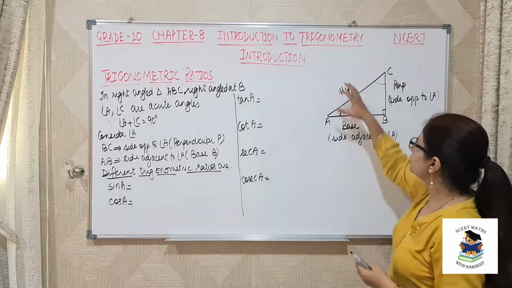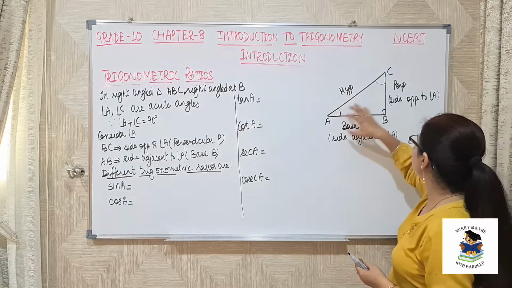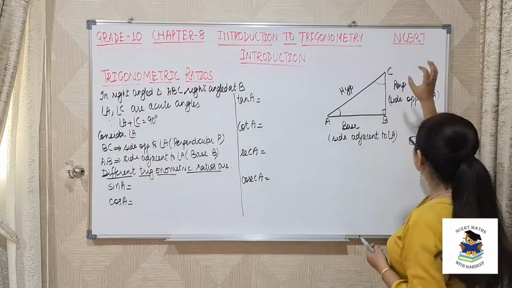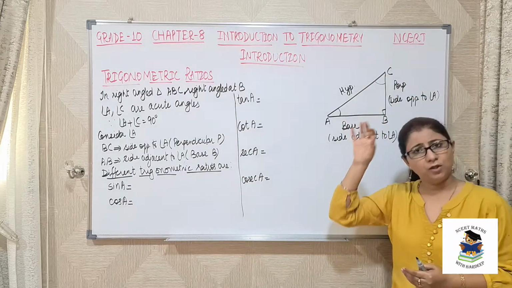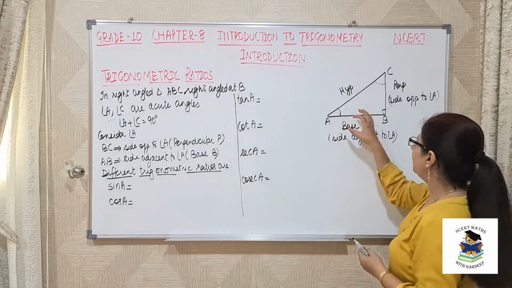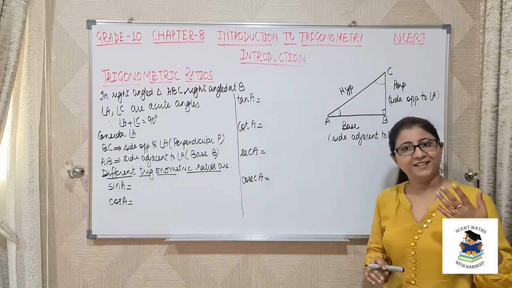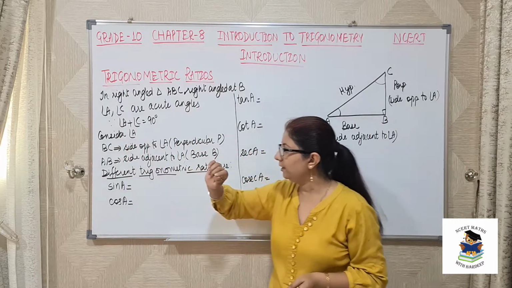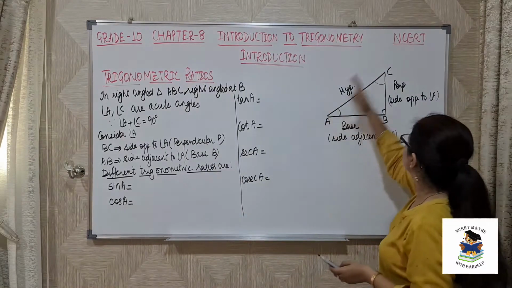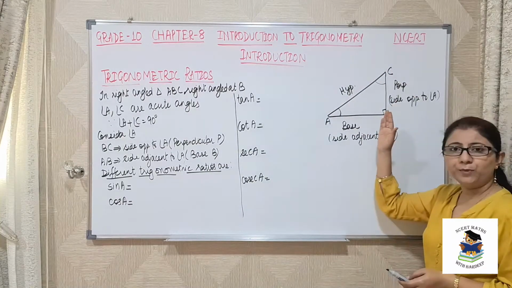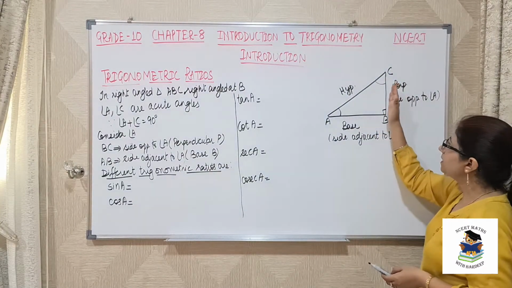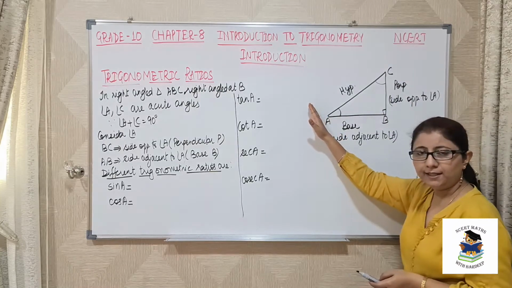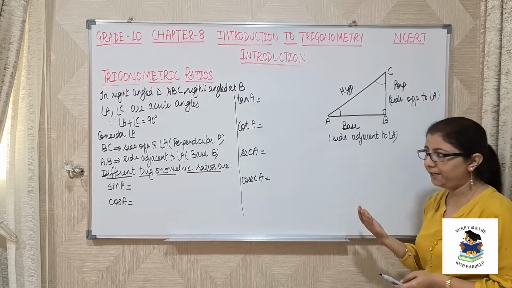So what are the terms? That is hypotenuse, base and perpendicular. Perpendicular is also known as the opposite side, and base is also referred to as the adjacent side. This is what I have written here: if we are considering angle A, then BC is the opposite side, and the opposite side of this angle is also referred to as perpendicular.